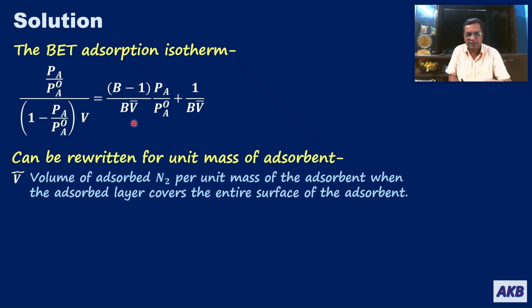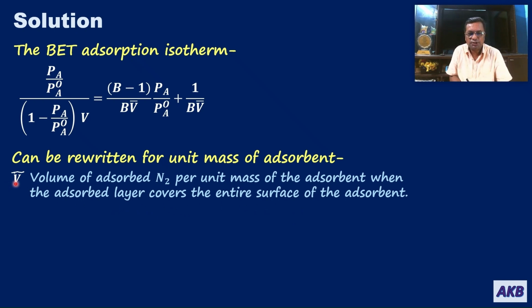So in the original equation, V bar was the volume per unit area of each layer when that layer was complete on the surface of the adsorbent. Now we have rewritten it, and in the new form, V bar would be the volume of adsorbed N2 per unit mass of the adsorbent when the adsorbed layer covers the entire surface of the adsorbent.